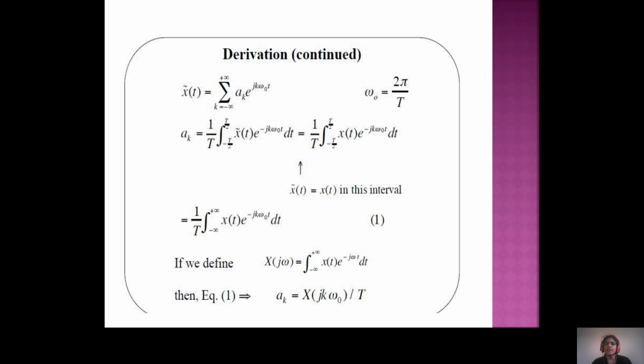Since x of t is equal to x tilde of t in this interval, a k is 1 by T times the integral from minus infinity to infinity of x of t e power minus j k omega naught t dt.